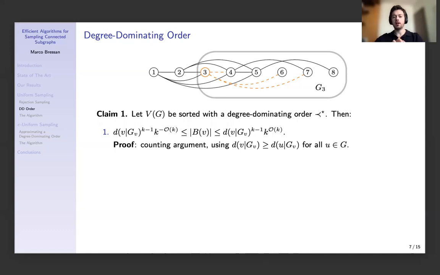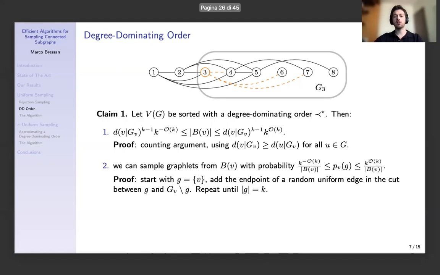The only approximation that we have is that this holds up to k to the order of k factors. The second claim that we can make is that we can sample graphlets from the bucket of V with a probability that is roughly uniform, again, up to k to the order of k factors. How do we do that? Well, we start with vertex V itself.